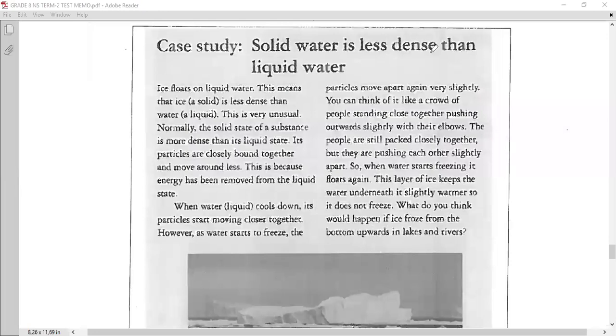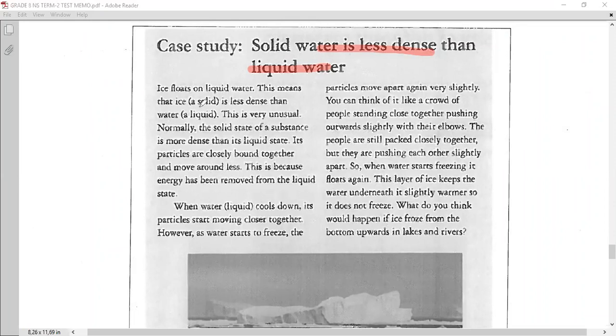solid water is less dense than liquid water, okay? So which means that ice has less density than water.